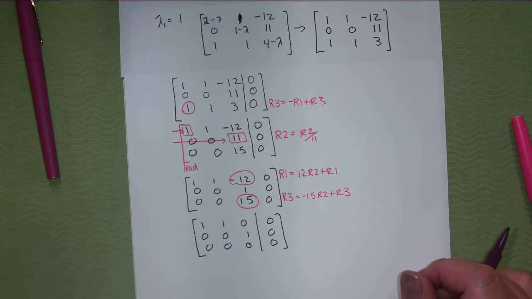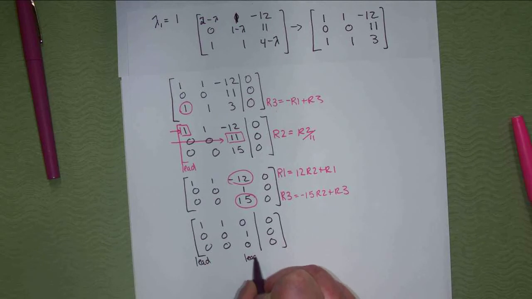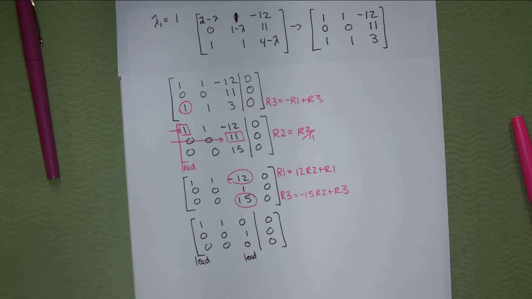See it? Okay, so where's our lead? Lead here and lead here. And y does not have a lead 1, so this is free. So y is t. The z is lead because it has a lead 1.